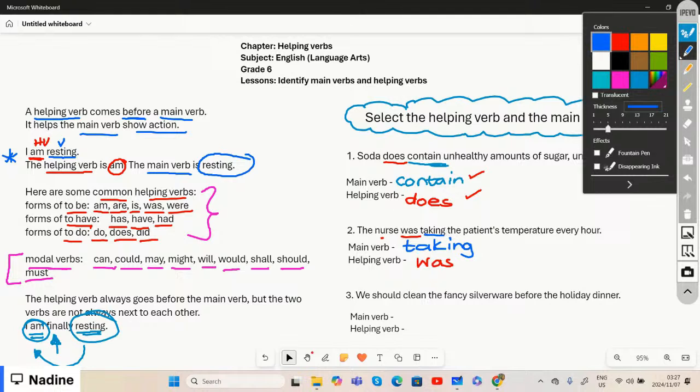And the last one, before we go to A plus students.ca and then do our test. Number 3 says, we should clean the fancy silverware before the holiday dinner. What is our main verb within that sentence?